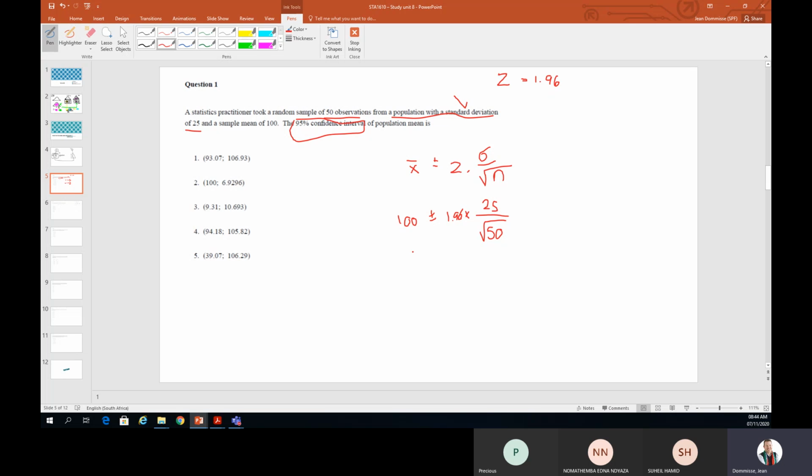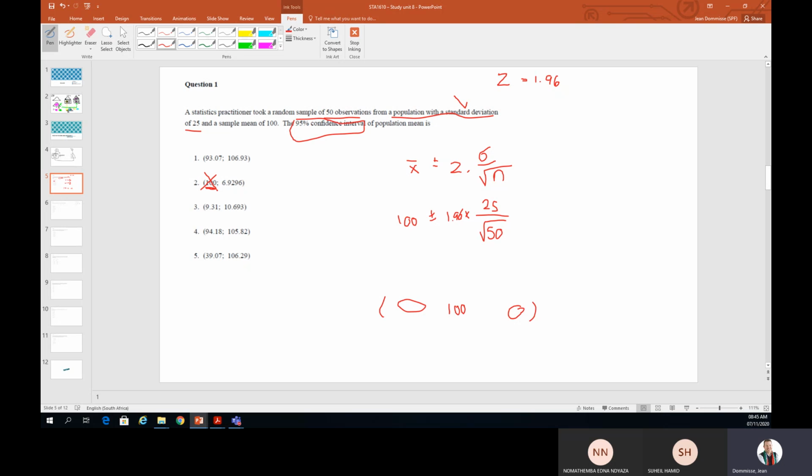The first thing that I always look at is to see which options I can cancel and which ones not. 100 will be somewhere in the middle. There will be a number lower than that because I'm subtracting, and there will be a number higher than that. So a lower confidence level of 100 will not work.